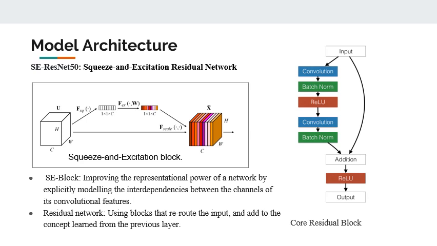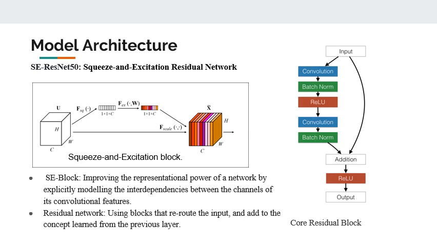Let's discuss the main idea of the SE ResNet50 network, which means squeeze and excitation residual network with 50 layers. By referring to code in GitHub, we constructed a corresponding SE block to perform feature recalibration.